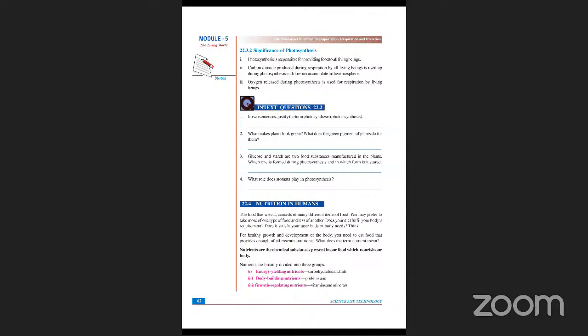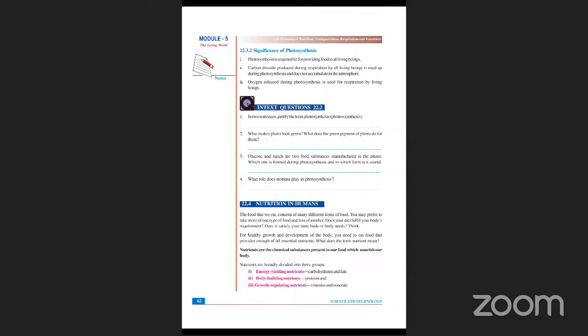Basically, if plants are not there, then the carbon dioxide percentage, which is 0.01 percent in the atmosphere, will come up to 2%, 3%, 10%, 15%, because plants are not there and carbon dioxide is accumulating in the environment. To reduce this, plants are there, taking up carbon dioxide, making their food and releasing oxygen so that the balance will be there.